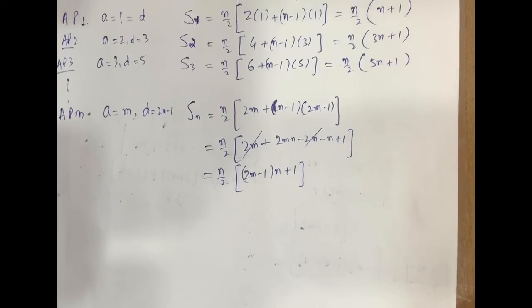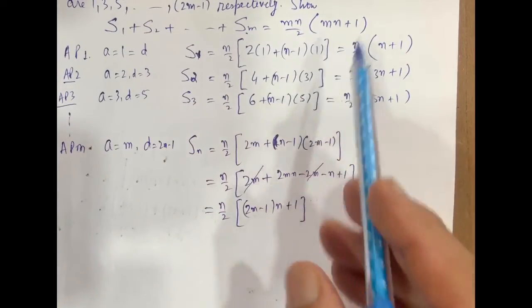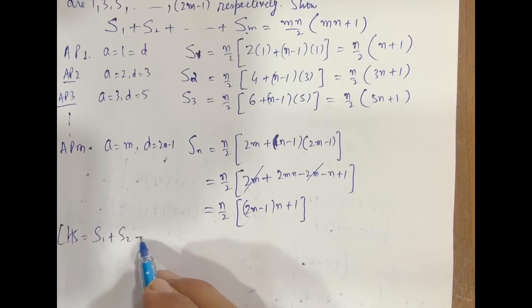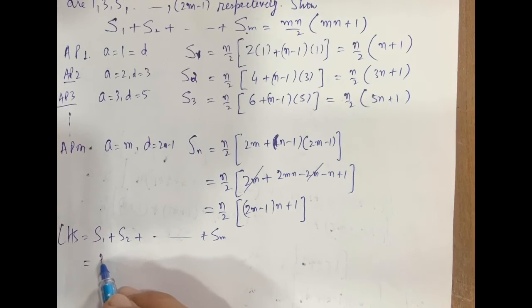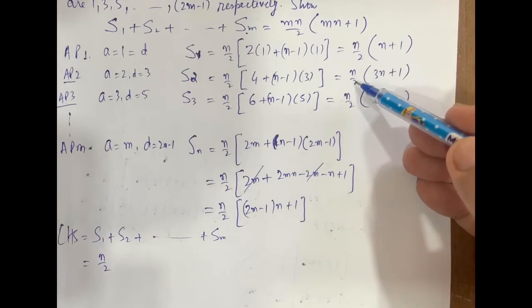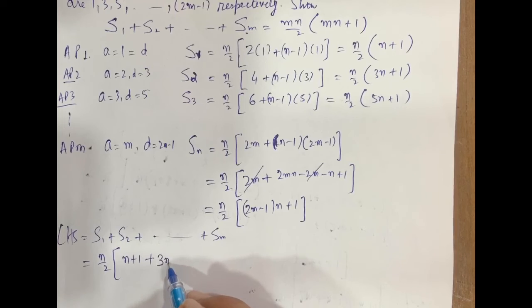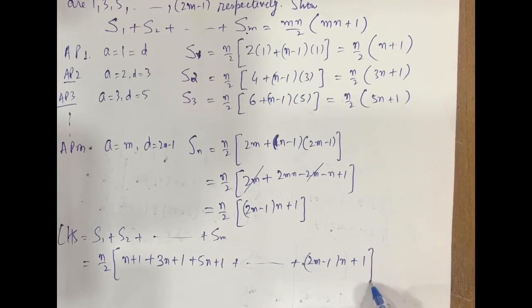Now we have to find out sum of all these and we have to prove equal to this. So starting from left hand side, which is S1 plus S2 and so on up to Sm, this is n by 2. We can take n by 2 common from all. Inside we will have n plus 1, then 3n plus 1, 5n plus 1 and so on, (2m minus 1) into n plus 1.